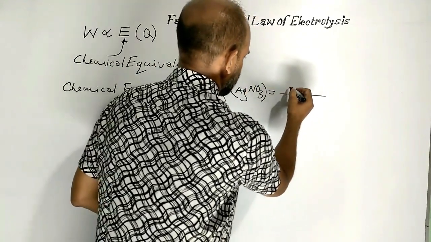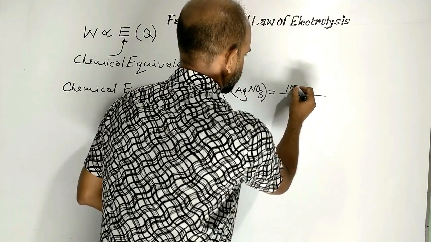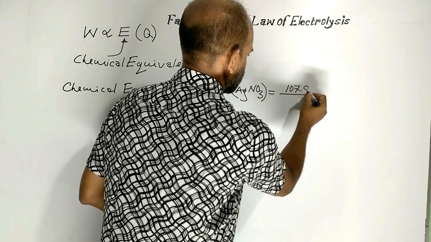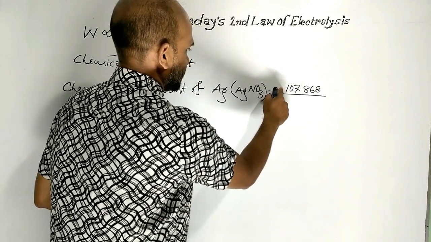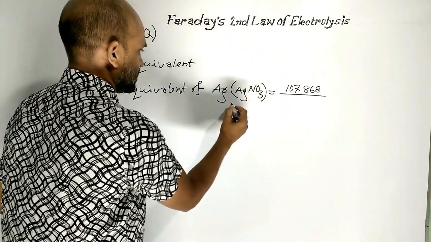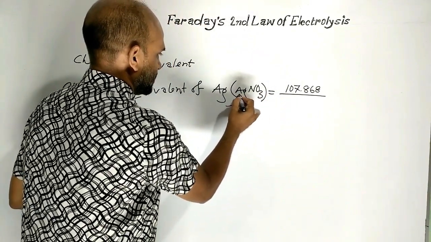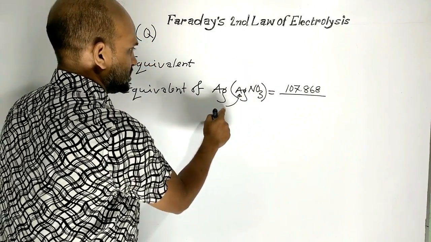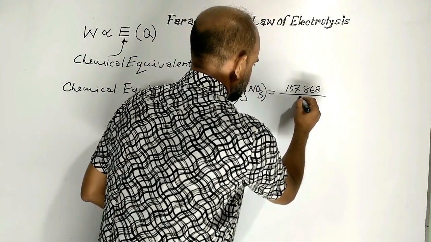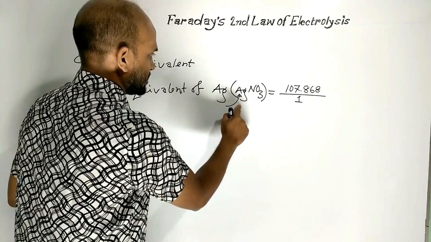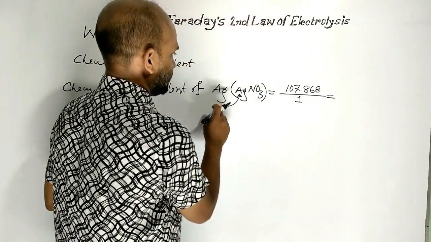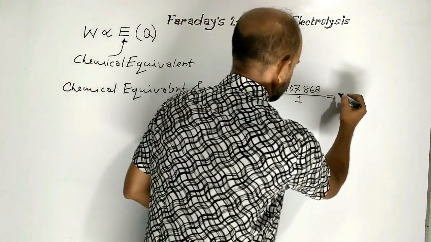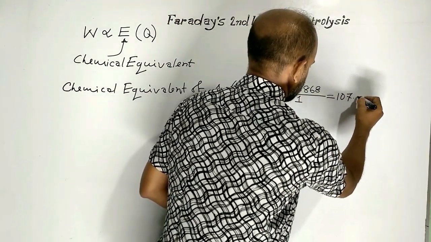Atomic mass of silver is 107.868. Chemical equivalent is atomic mass of silver divided by valency of silver in its compound. Here, valency of silver is 1. So, chemical equivalent of silver in silver nitrate is this.